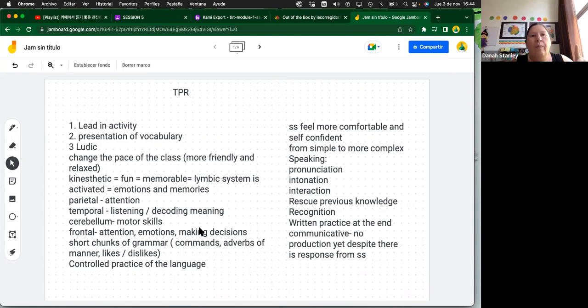You need to be careful because you shouldn't be copying the positions or the actions your classmates do. So you need to be creative.